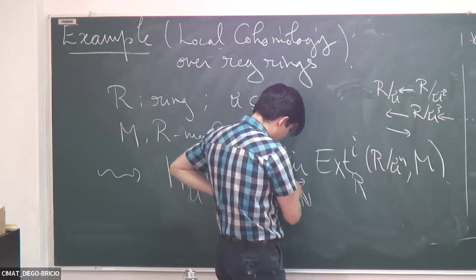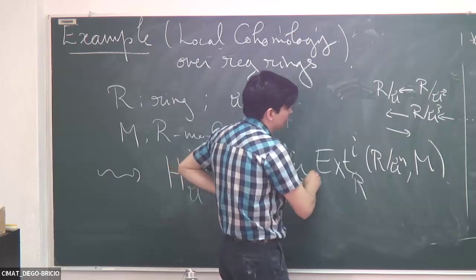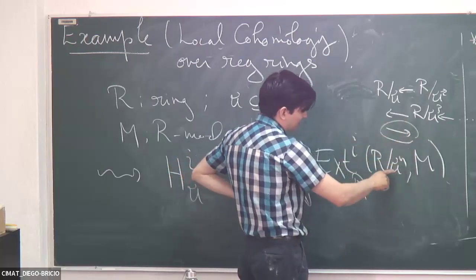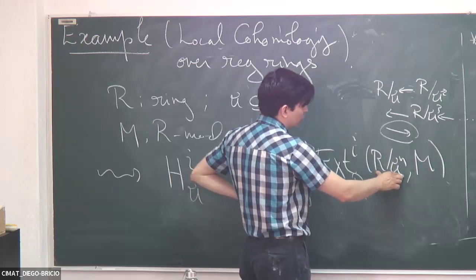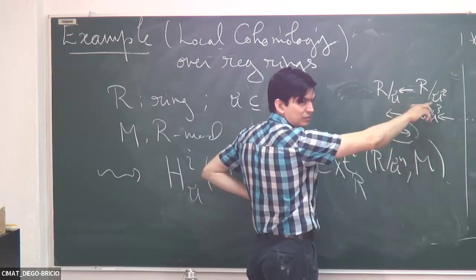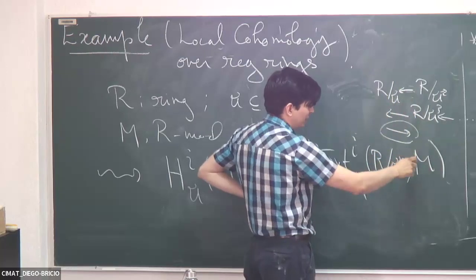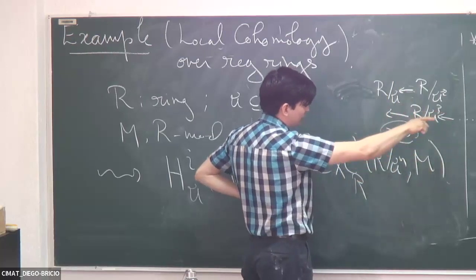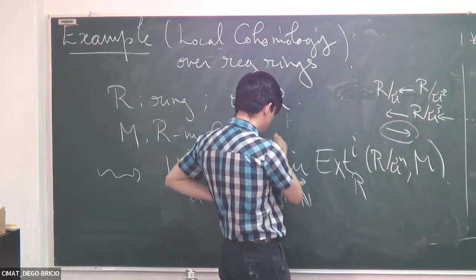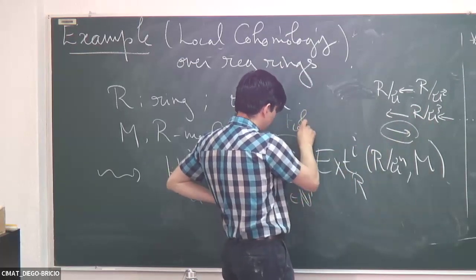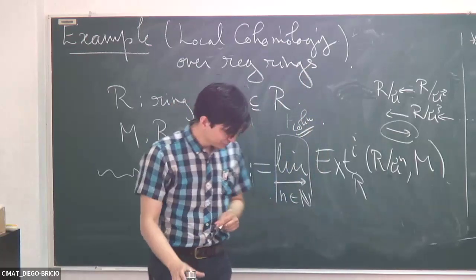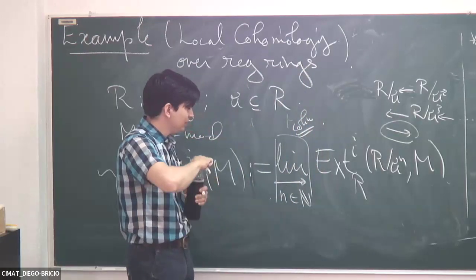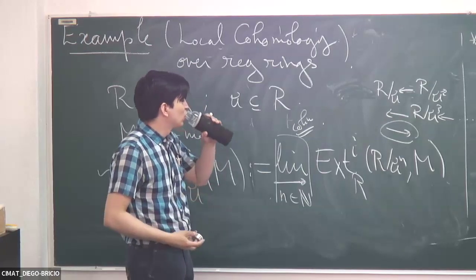The point is that the arrow goes like this, because when you look at this system of portions, they just get bigger. Then when you take the functor, the arrows get reversed, and then you take this limit, which technically speaking is the co-limit. Sorry, I just had a little confusion again.